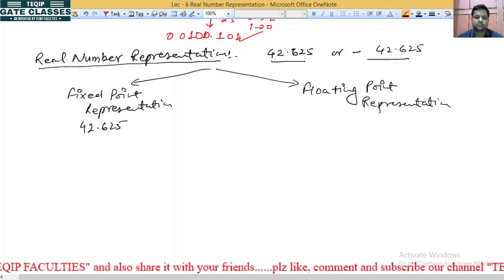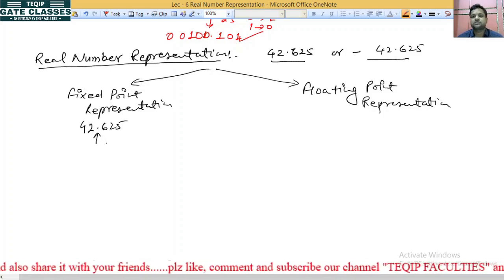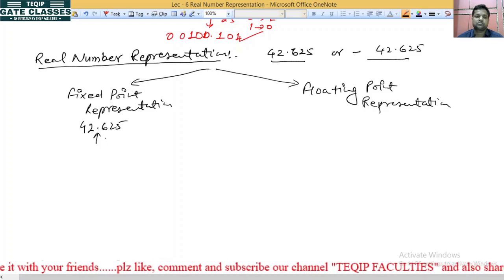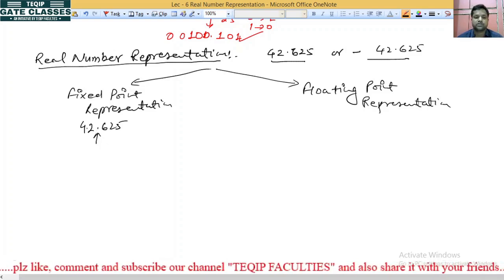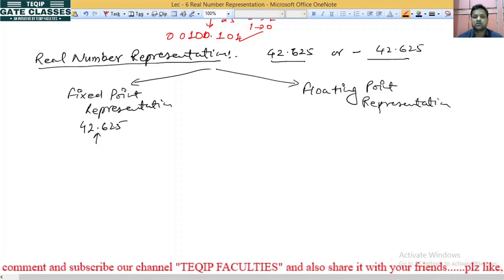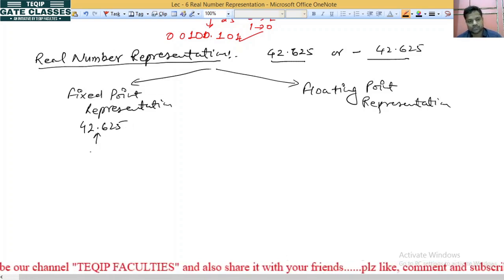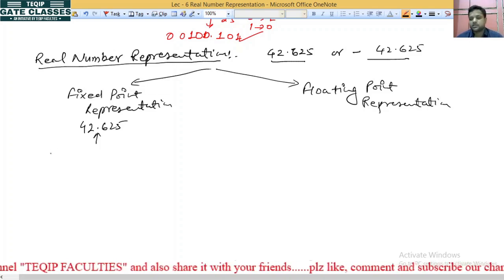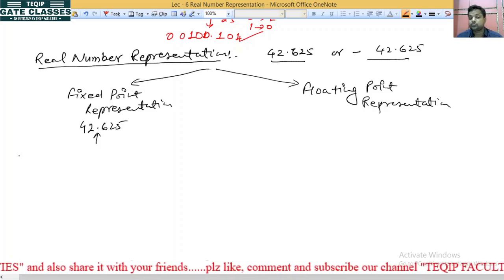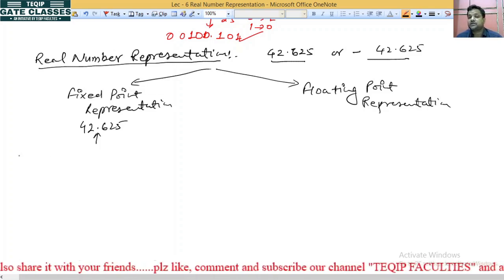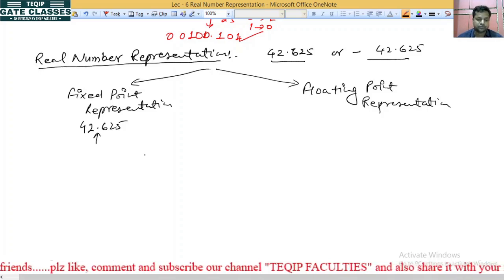So in case of fixed point representation, this radix point position will be fixed. We cannot move this radix point either to the left side or to the right side in fixed point representation. And in fixed point representation, to store the fractional part we have a fixed number of digits.